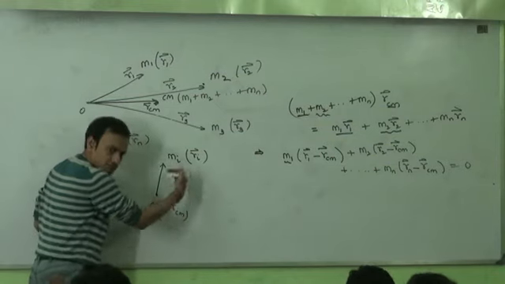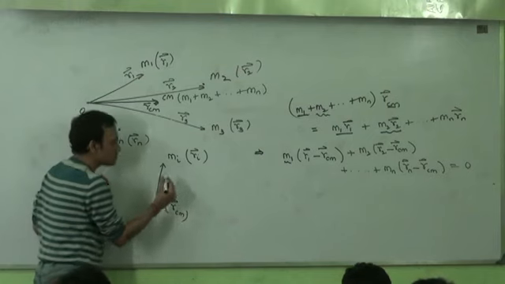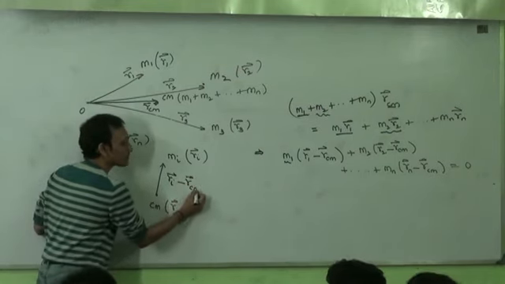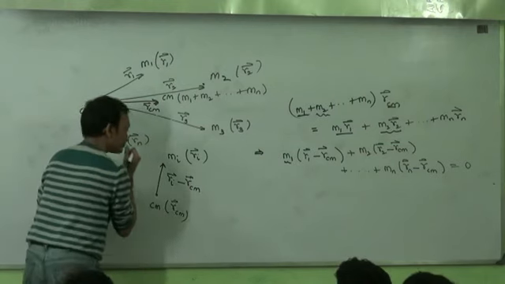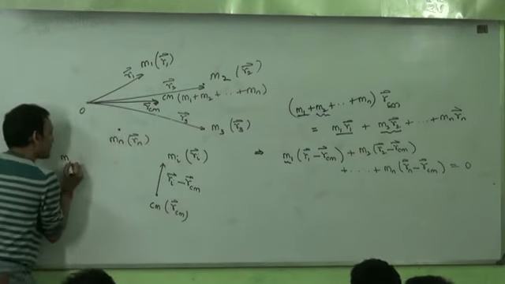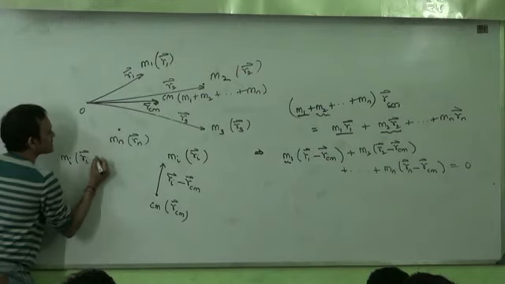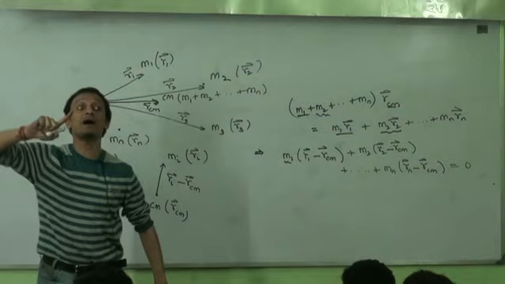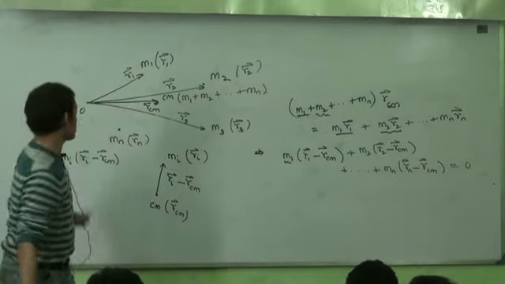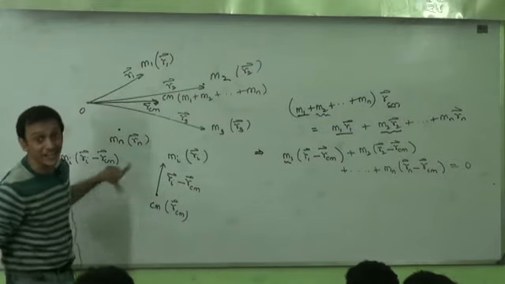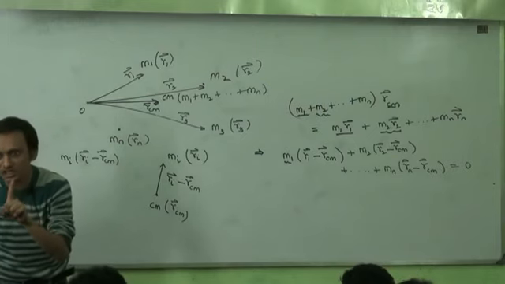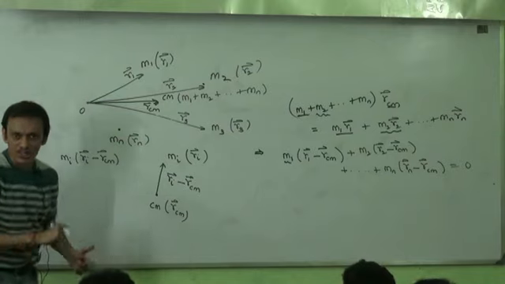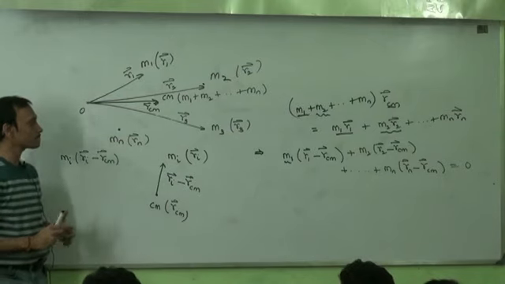Ri minus RCM, final position minus initial position. So this vector is Ri minus RCM, right? So then, what does Mi into Ri minus RCM mean? Moment of the ith mass about the center of mass. This is the moment of the ith mass about the center of mass by definition, right? Moment of the ith mass about the center of mass position, right?